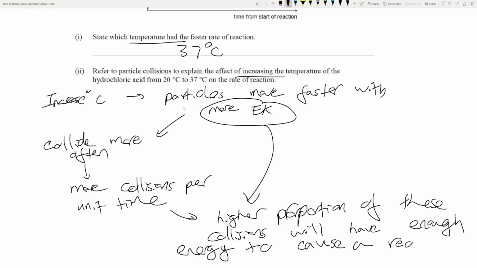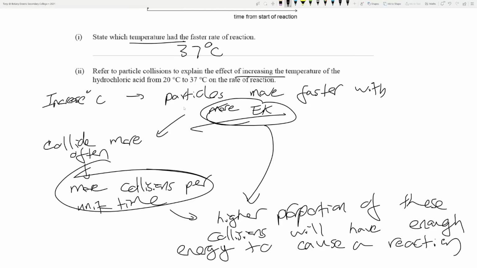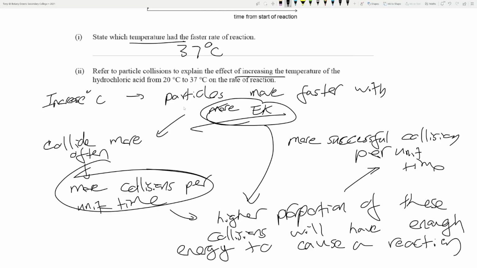Why is that? Because they are now colliding with more energy. Because there's more EK, they're going to collide more often, and more of these collisions are going to have enough energy, and that means you're going to have a higher number of successful collisions per unit time. More successful collisions per unit time, and that's going to give you a higher rate of reaction.